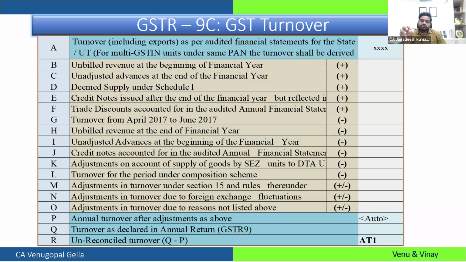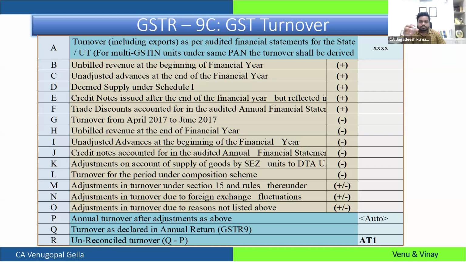If you have received any advance for services, you need to pay the GST tax liability as and when you receive the advance, whereas in the books of accounts, you will recognize that as a current liability, and recognize it as revenue only after raising an invoice. Because of all these reasons, your book turnover will not match with your GST turnover.